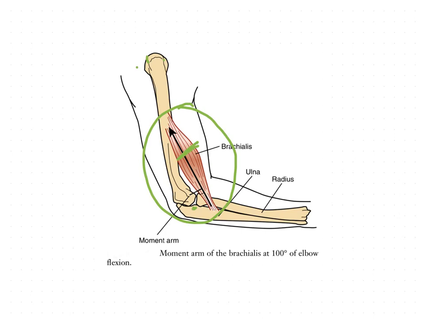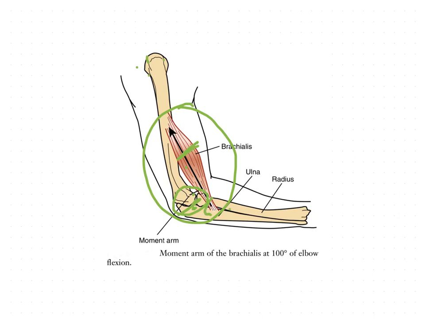What are the factors? The first one is the number of joints crossed by the muscle, and the next one is the physiological cross-sectional area and the location in relation to the joint axis, and the position of the elbow. So how is this elbow joint related to the positions of the other joints, whether it may be the shoulder joint or the radioulnar joints?